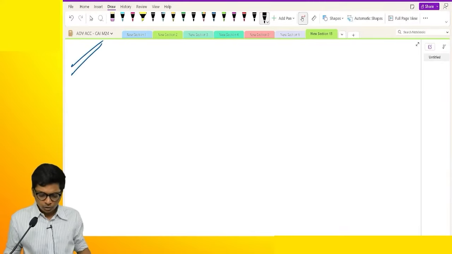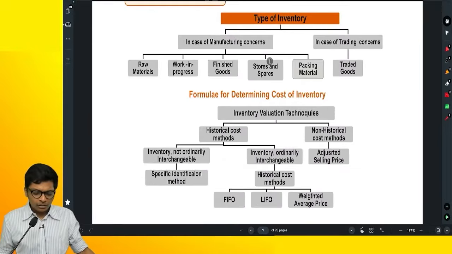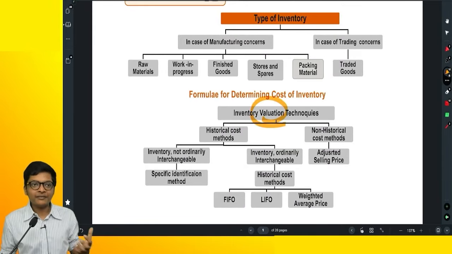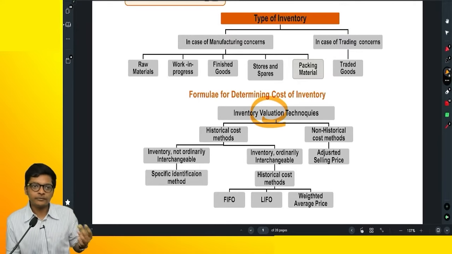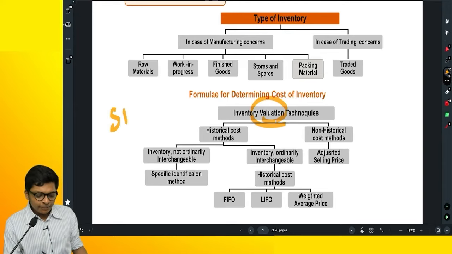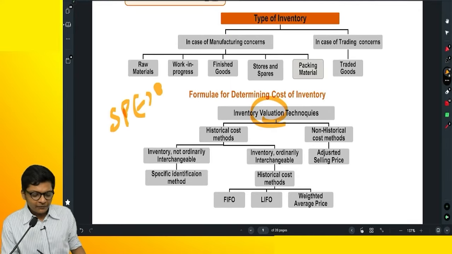So first, if you look at the chapter, we have two types of inventory valuation. Remember the sum we did, illustration 6 and 7. We used selling price minus what? Profit, and then we found cost.